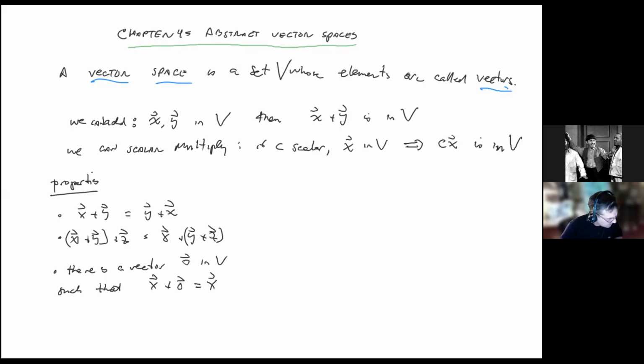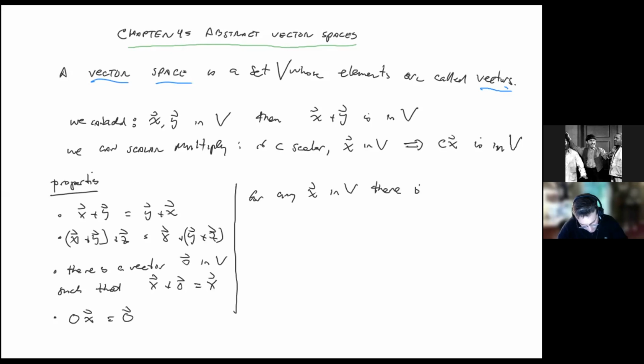The next axiom is that the zero scalar times any vector X is the zero vector. Okay, and then another axiom is that for any X in V, there is a vector minus X such that X plus minus X is the zero vector.